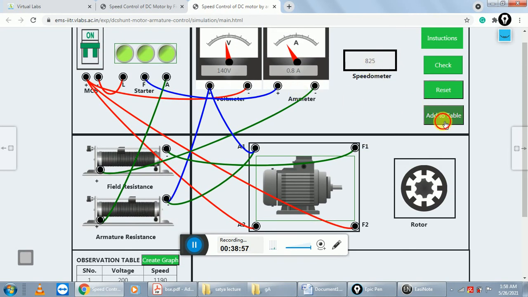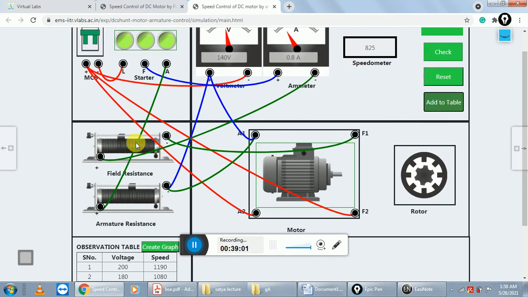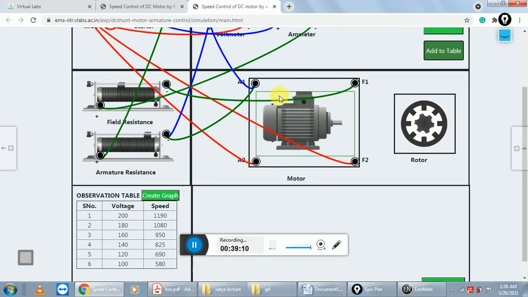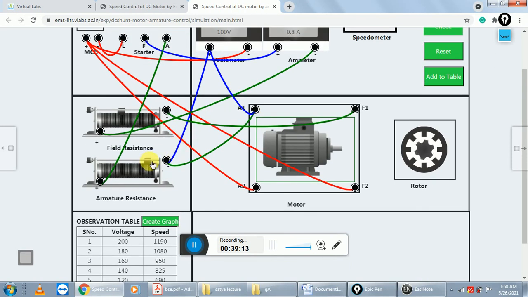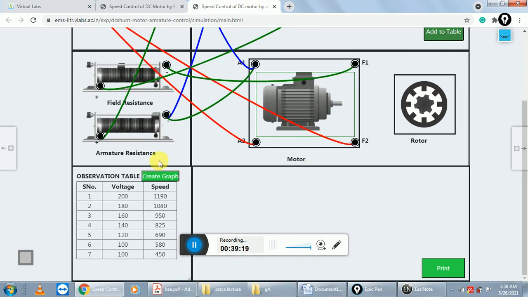Click on add to table, take a few more readings, click on add to table, again add to table. And this is your graph.